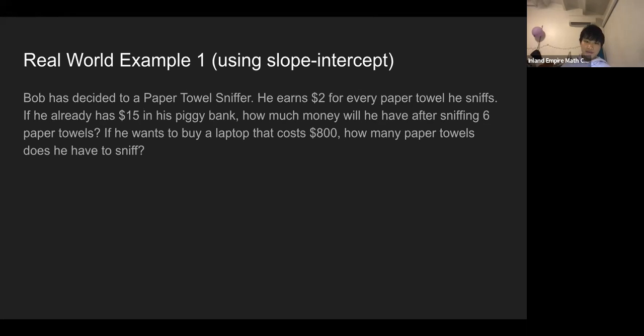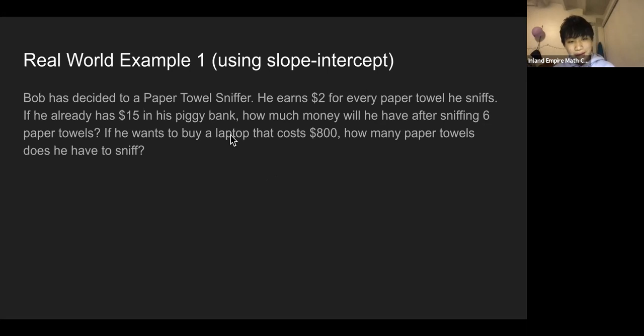So the first thing we need to do is create an equation based on y and x. If you remember, x is the input. In this case, the input is going to be the amount of paper towels he sniffs: as that increases, he's going to make slightly more money.